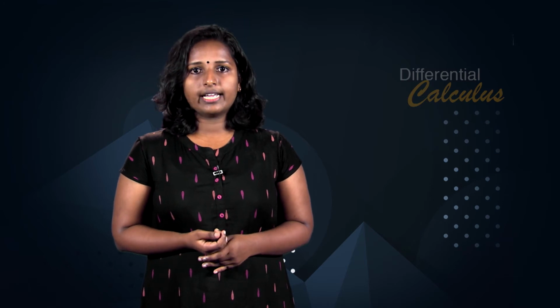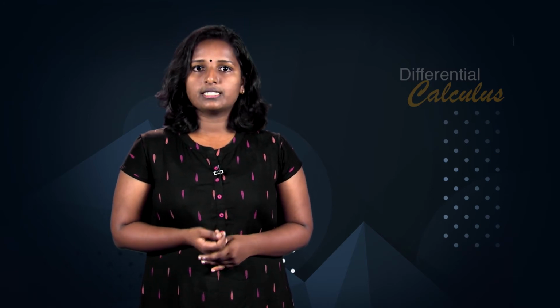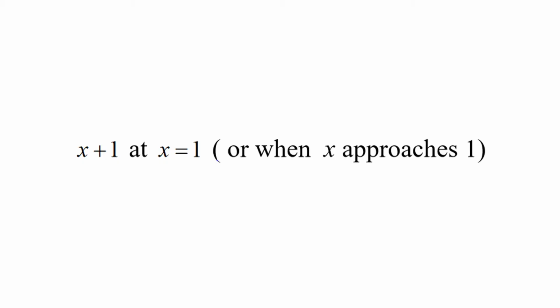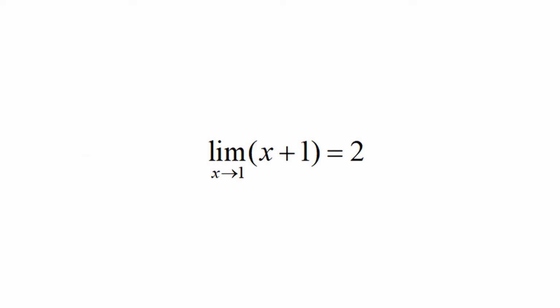Thus, when x approaches 1 from both sides along the x axis, the corresponding values of y = x + 1 approach 2 along the y axis. We call 2 the two-sided limit, or simply limit, of x + 1 at x = 1. We write this limit of x + 1 as x approaches 1 equals 2.